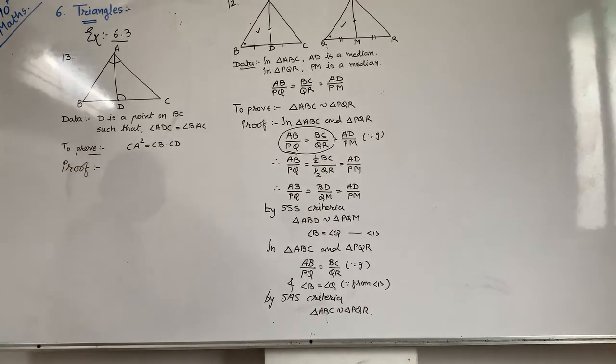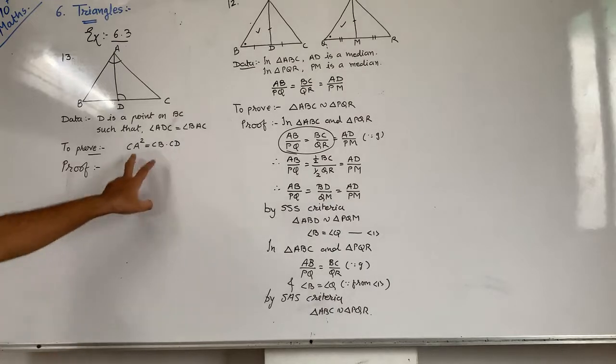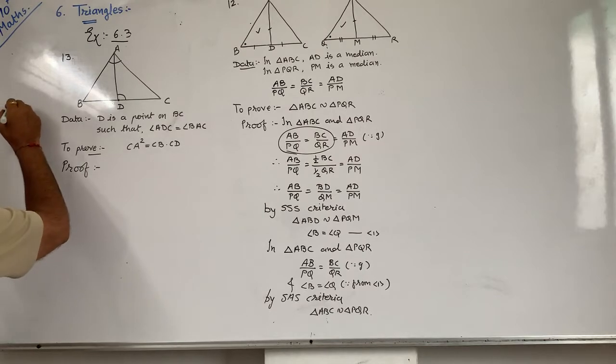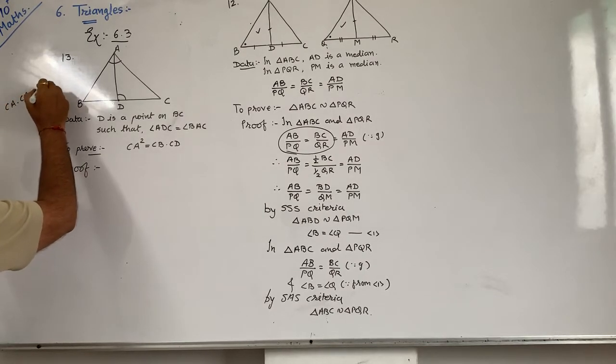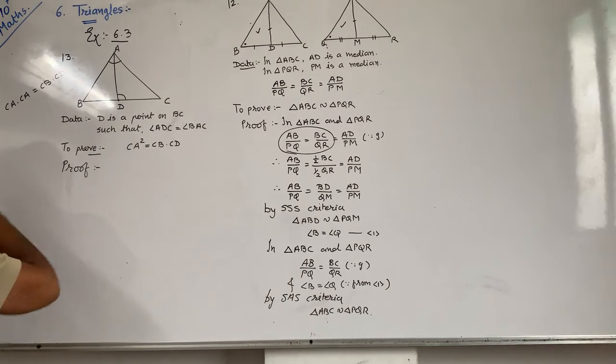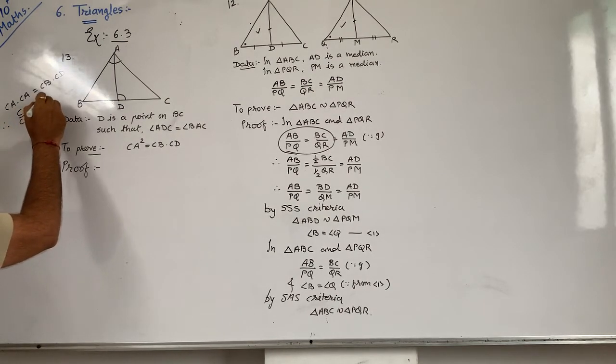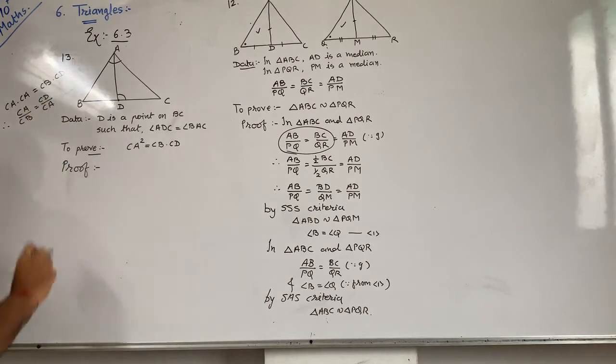We want to prove this, CA square. So first simplify CA square. CA square means I can write CA into CA equals CB into CD. So CA upon CD equals CB upon CA.